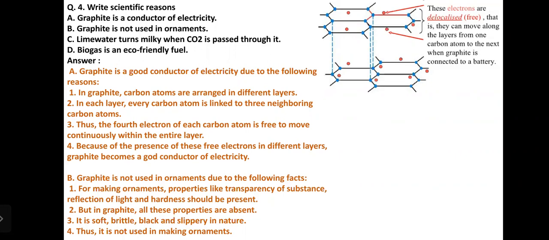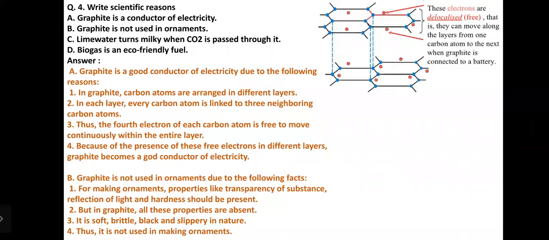The first reason is, in graphite, carbon atoms are arranged in different layers. Beside this, I have given an image of the atomic structure of carbon atoms, showing how the atoms are arranged in graphite.